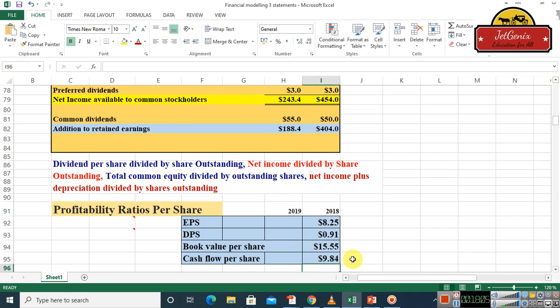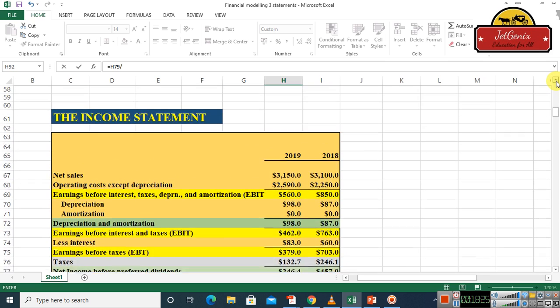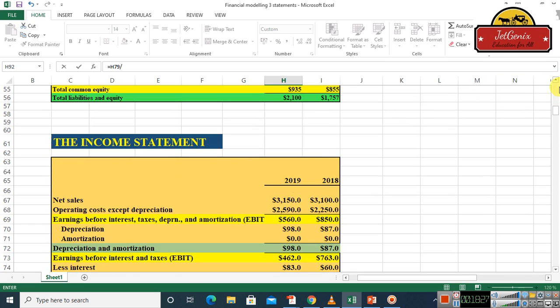okay, for 2018. And for 2019, if you want to calculate the same ratios, just select the earning per share, and earning means the net income, for 2019, and divide it by the shares outstanding in 2019. It's somewhere here.